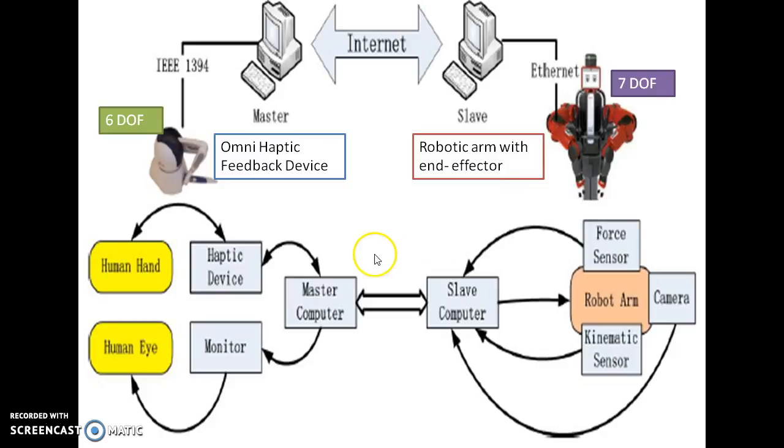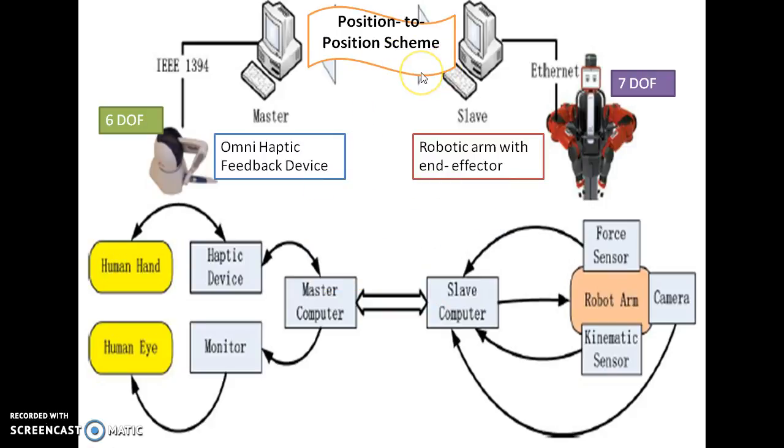Finally, the forward kinematics is able to specify the relation between the Cartesian space and the joint space. In order to control the slave, the position-to-position scheme is applied by sending the calculated joint angles of the master to the slave, thus realizing the control of the end effector.